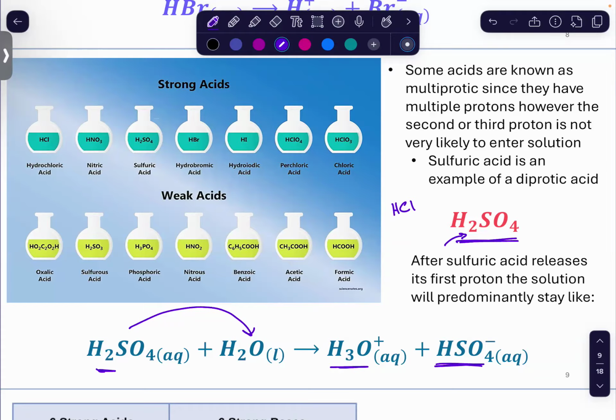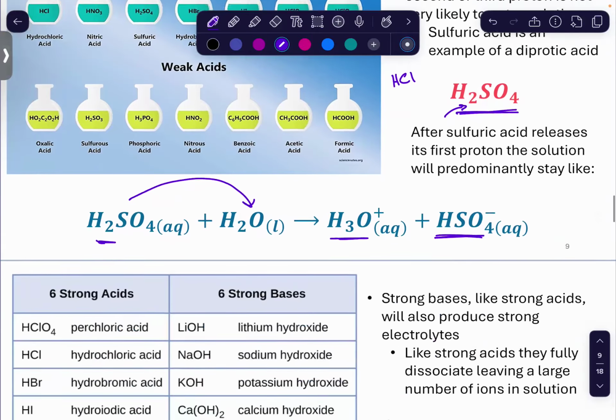And could that hydrogen sulfate put another proton into solution? Yes, it could, but it's very, very unlikely, which will make more sense to you in second semester when you deal with what are known as chemical equilibria. So just know that just because an acid is multiprotic doesn't necessarily mean it's going to be a better electrolyte because it has more ions in solution.